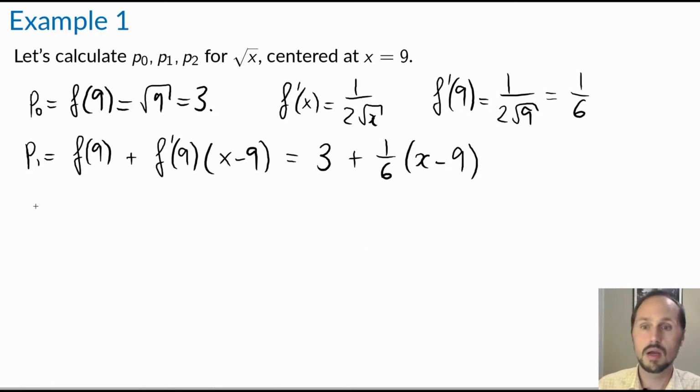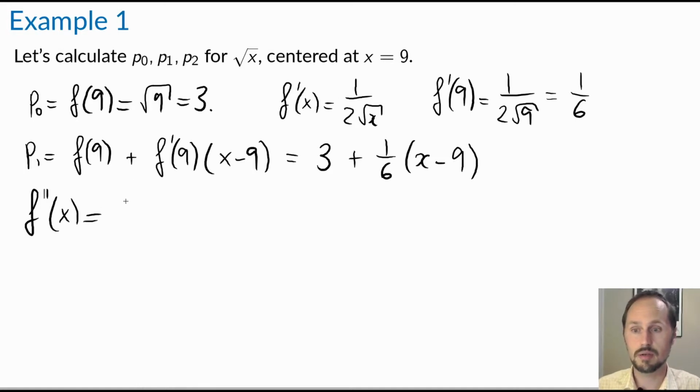Okay. Let's now calculate P2. Well, P2 involves taking some second derivatives. So let's calculate the second derivative. We already have the first derivative we've calculated. So for the second derivative, we're going to get 1/2 times x to the negative 1/2, I just rewrote the derivative, and we're going to take a derivative of that.